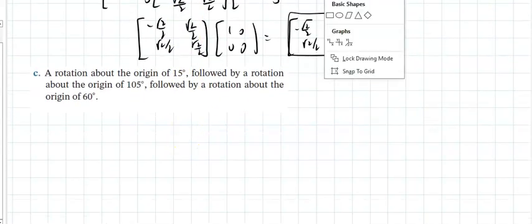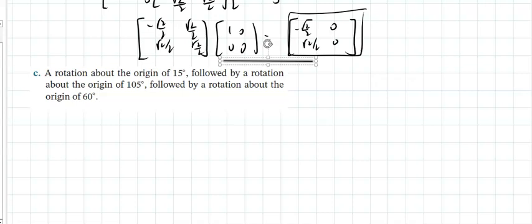Now, part C. So this pretty much describes all of this. A rotation about the origin by 15 degrees. Okay, T sub 1 is you rotate 15 degrees. T sub 2 is followed by a rotation of 105 degrees, followed by a rotation, so all of these are rotations of 60 degrees.